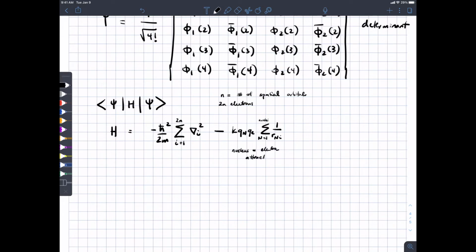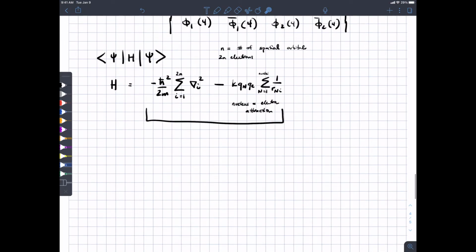Now, we haven't yet included electron-electron repulsion, but what I want you to notice so far is that both of those terms are one electron operators. The second derivative operates only on electron I, right? And this Coulombic expression only cares about the positions of the nuclei and electron I. So we're going to summarize this in terms of a one electron operator.